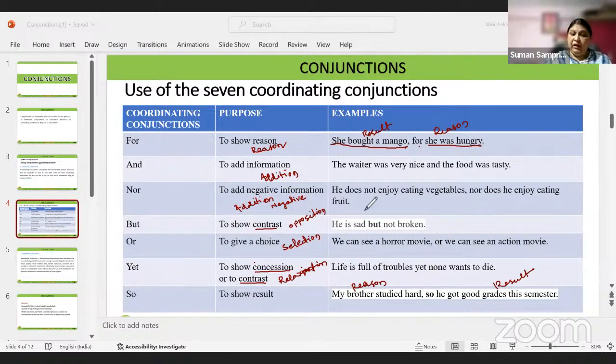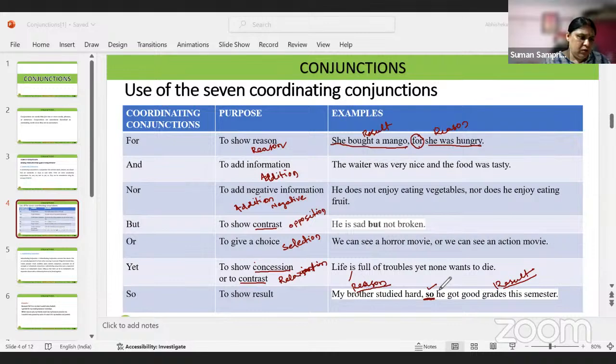But between for and so, what happens here? You will first write the result and then you write the reason. In that case, if you have a fill in the blanks, you will write for first. And if you have a situation where you come across the reason first and then the result, and you have a fill in the blanks to do, in that, you will write so.